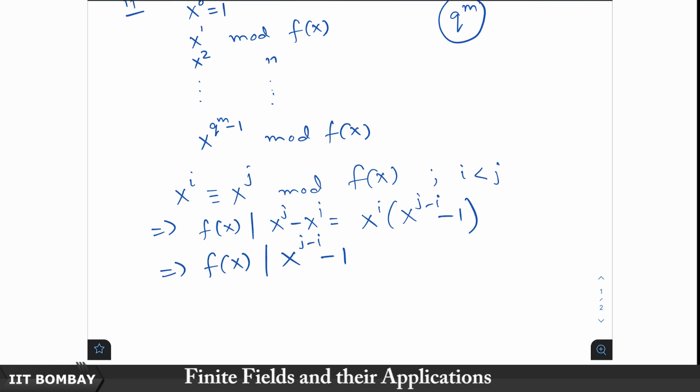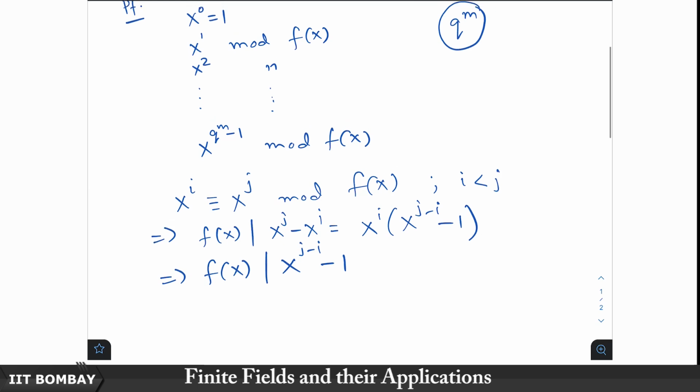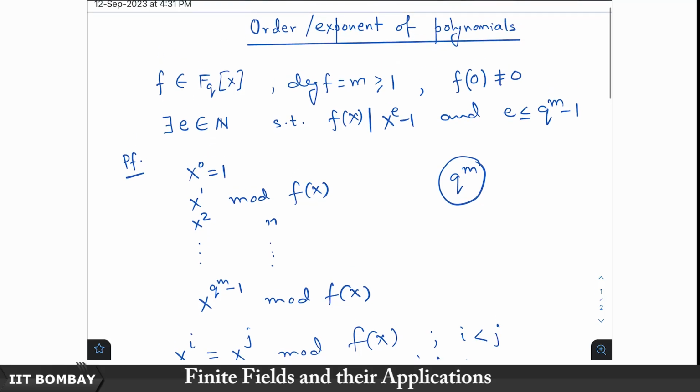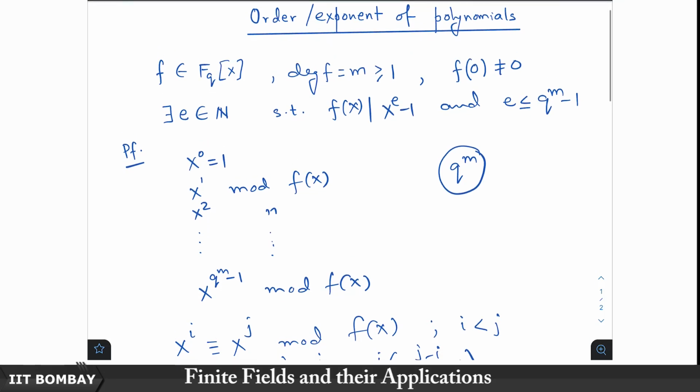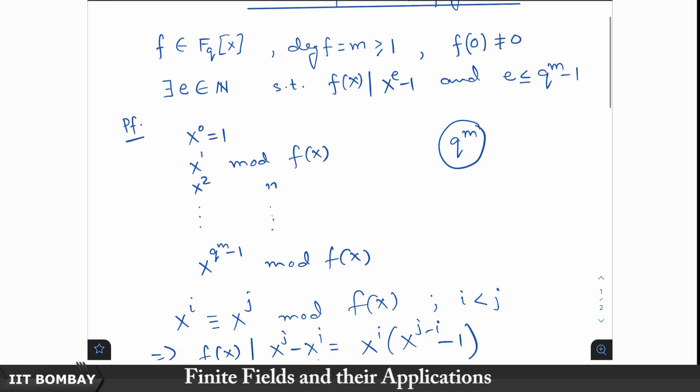So, for a polynomial f(x) which does not have x as a factor, there is always such an exponent e for which f(x) divides x power e minus 1. Now, the exponent or order of a polynomial is the smallest such e for which f(x) divides x power e minus 1.